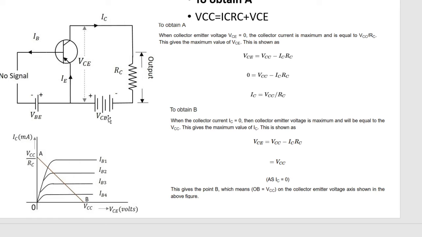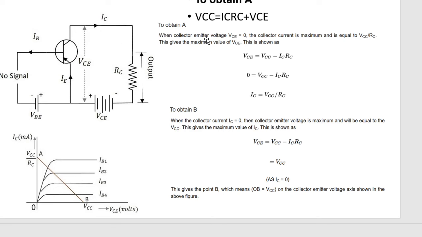So VCC is equal to IC RC plus VCE. We are applying Kirchhoff's voltage law over the output side only. So VCC will be equal to IC RC plus VCE.